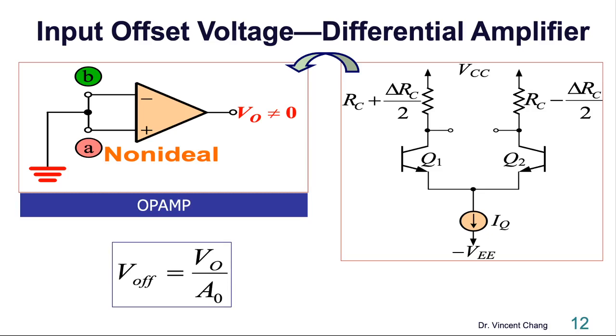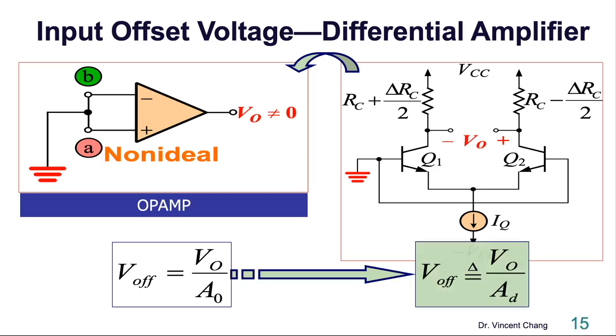And then, under this condition, what is the output DC offset voltage? And then plug in the formula. The output DC offset voltage divided by the differential gain will give you the input offset voltage.